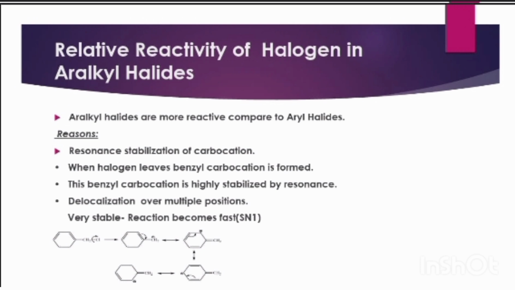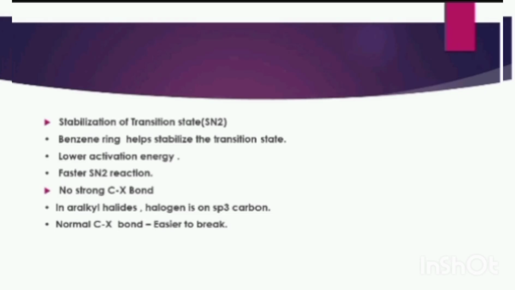Very stable, reaction becomes fast. Stabilization of transition state: benzene ring helps stabilize the transition state. Lower activation energy, faster SN2 reaction. No strong carbon halogen bond. In alkyl halides, halogen is on sp3 carbon. Normal carbon halogen bond, easier to break.